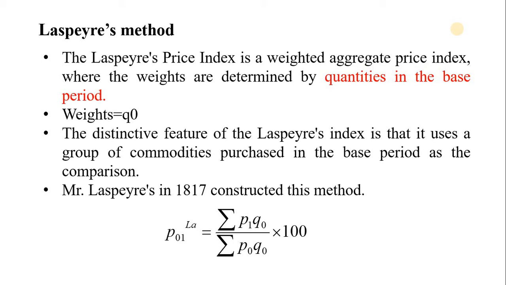Okay, so Laspeyres price index number is a weighted aggregate price index number where weights are determined by quantities in the base period. Here we are considering the weights as the quantity that we purchased in the base period.